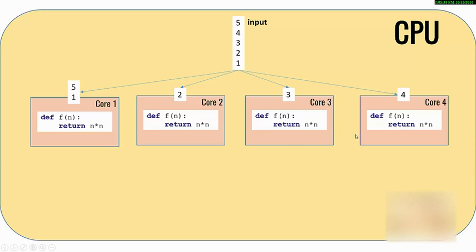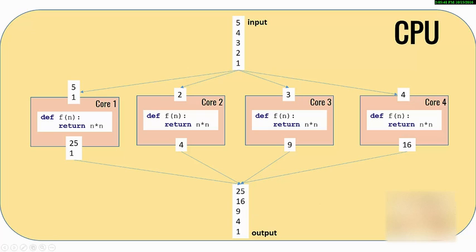And let's say they calculate the results, and here are my results, and in the end you aggregate those results back into one output. Now the difference between this approach and the previous approach is that here you are utilizing all the cores. Of course you have to do some division of work and then aggregation, but you are utilizing all the processing power that you have on your computer.